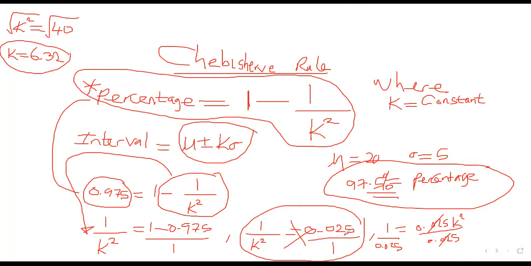When you cross multiply, you've seen that. So this one multiplied by 0.025 will be 0.025 K square, and then 1 times 1 is 1. So it will give us 0.025 K square, which is equal to 1.